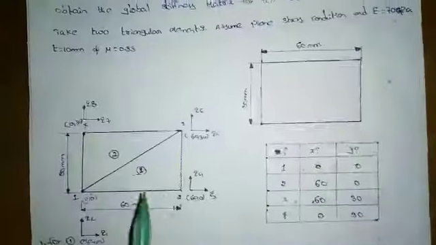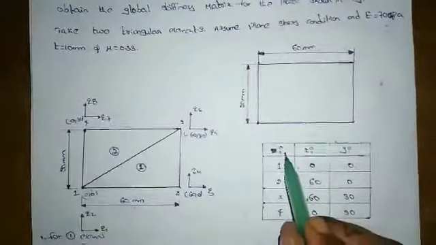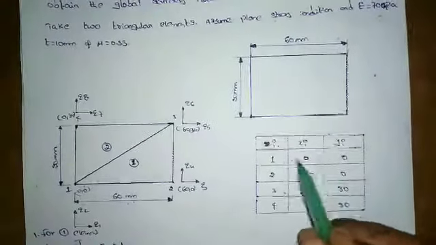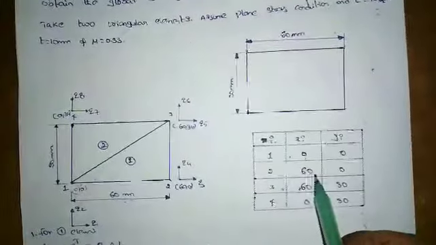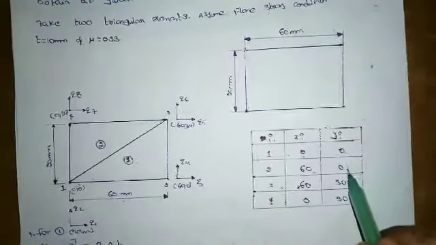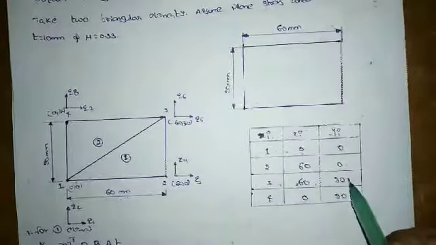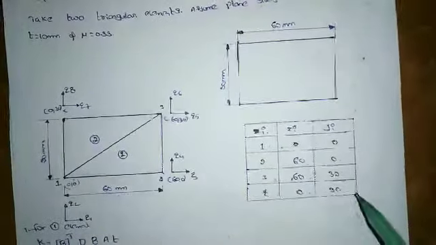So in this diagram you have to mention the nodal numbers 1, 2, 3, 4, and xi, yi. At node 1, x equals 0, y equals 0. At node 2, x equals 60, y equals 0. At node 3, x equals 60, y equals 30. At node 4, x equals 0, y equals 30.